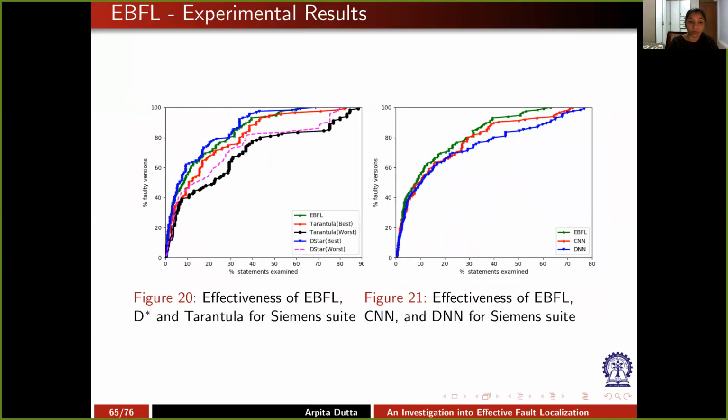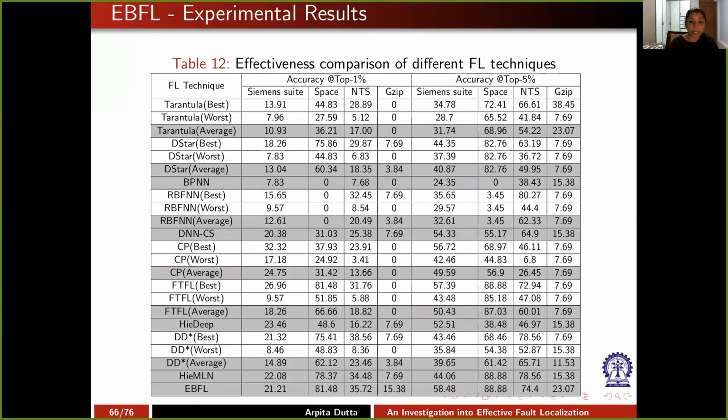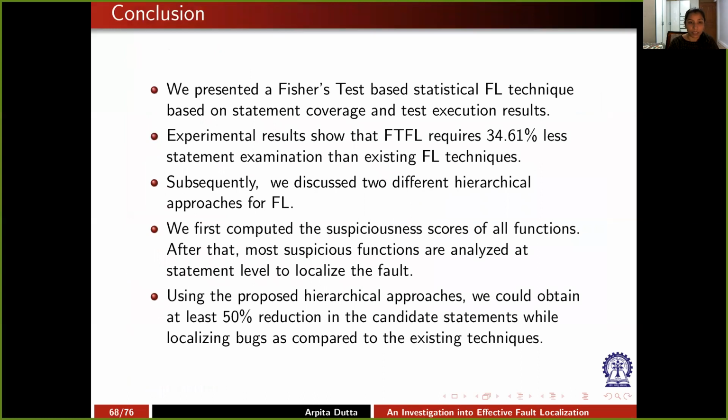There is the effectiveness of EBFL over D star and Tarantula for the Siemens suite, and with CNN and DNN for the Siemens suite, and we are performing better in both cases. This is the overall result with a comparison of different methods: FTFL, HID, D star, HMLN, and EBFL, and we can see that we are performing increasingly better.